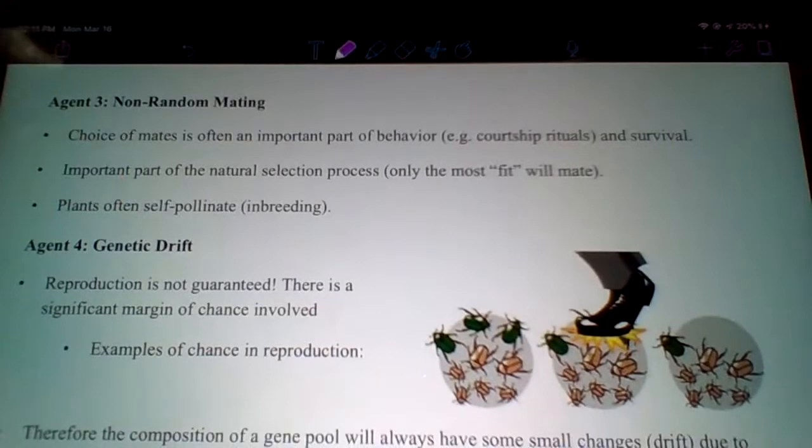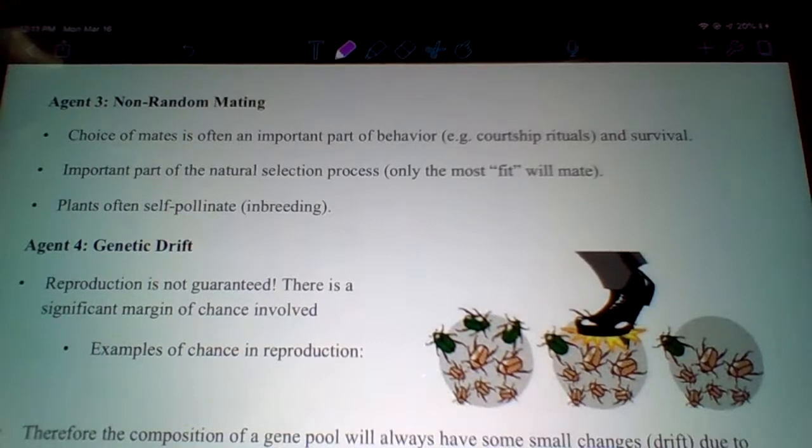We are now on to the non-random mating idea. We can again go to these golden retrievers and think about them as an example of non-random mating. Non-random mating is any case where the selection of mates is outside of the animal's control.